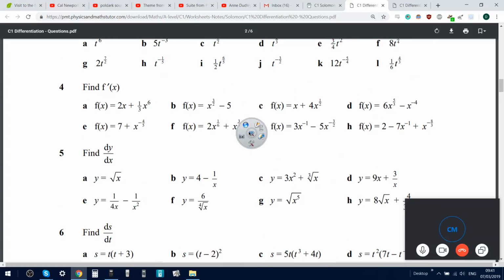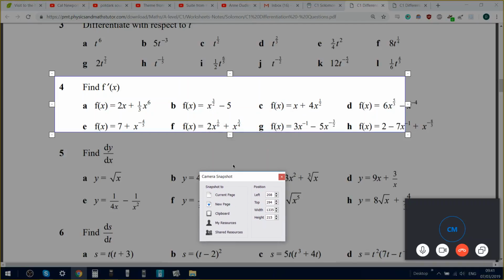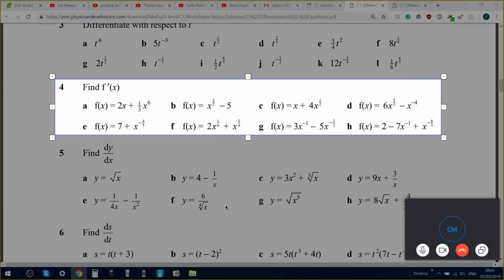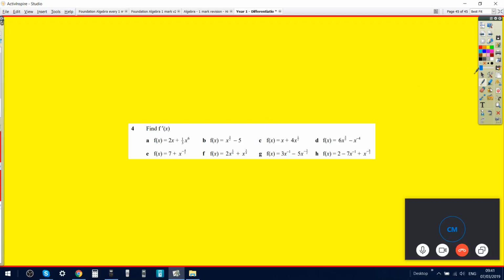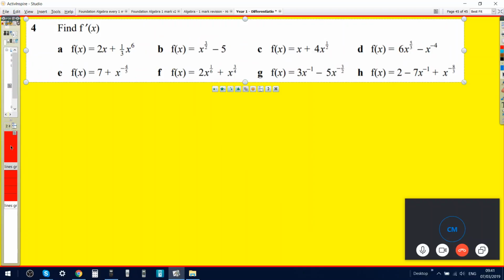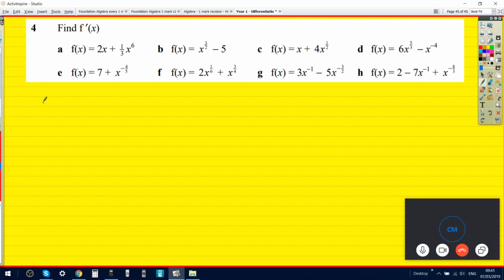This next one uses a different notation. I'll just do one. How would you do part G? Part G. Minus 3x. Minus 3, sorry. What's minus 1 minus 1? Minus to the power minus 2.